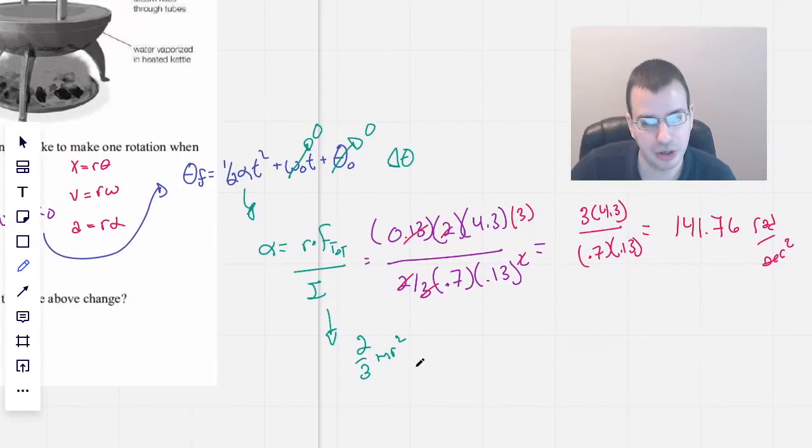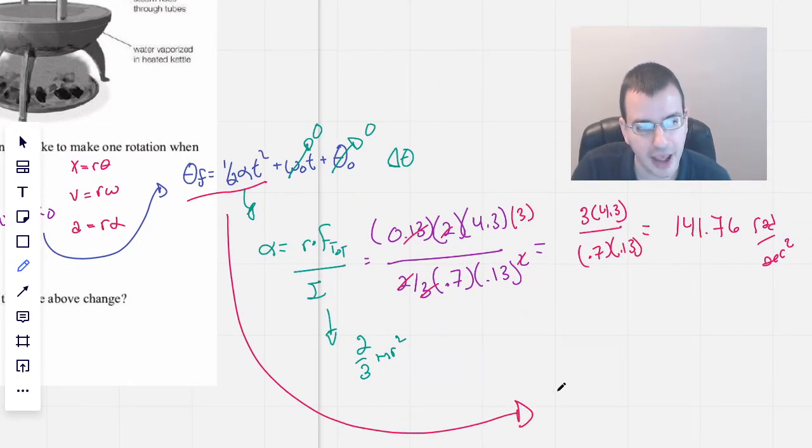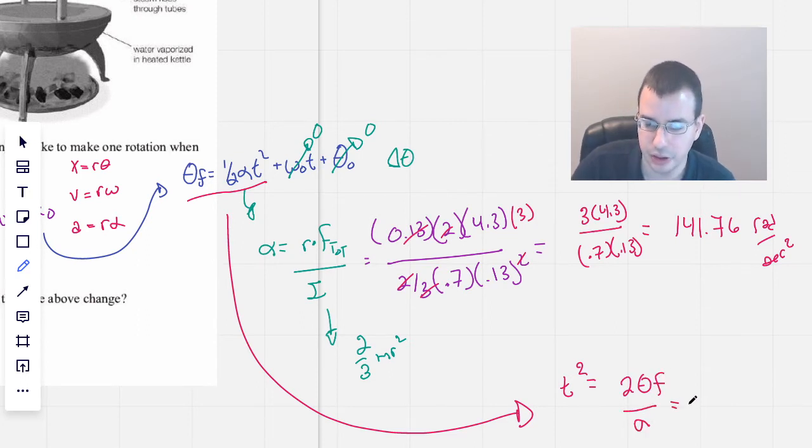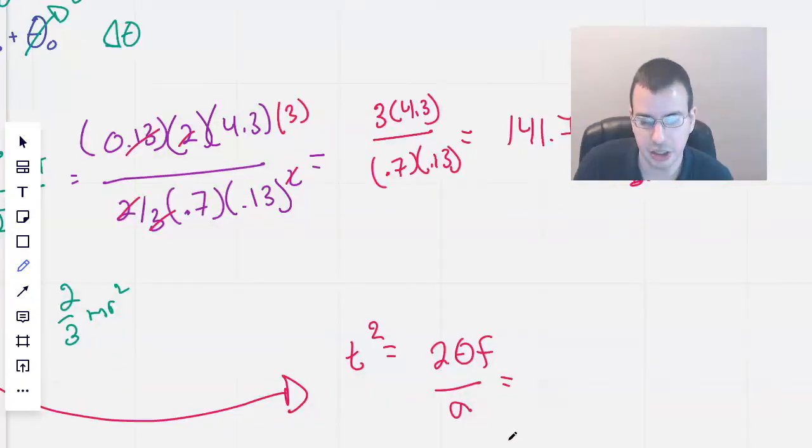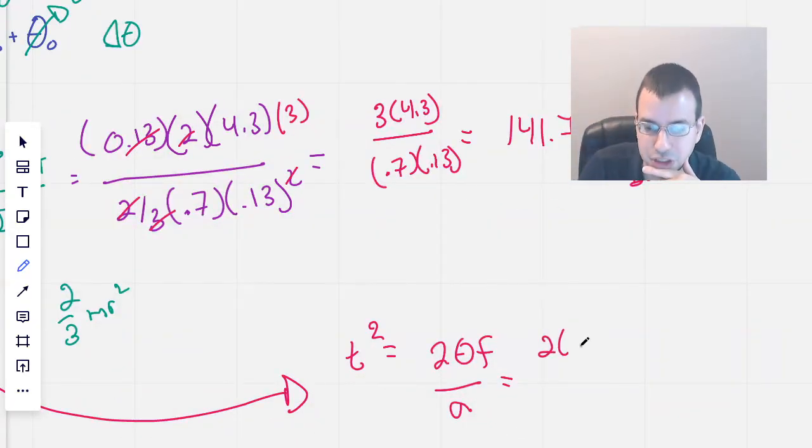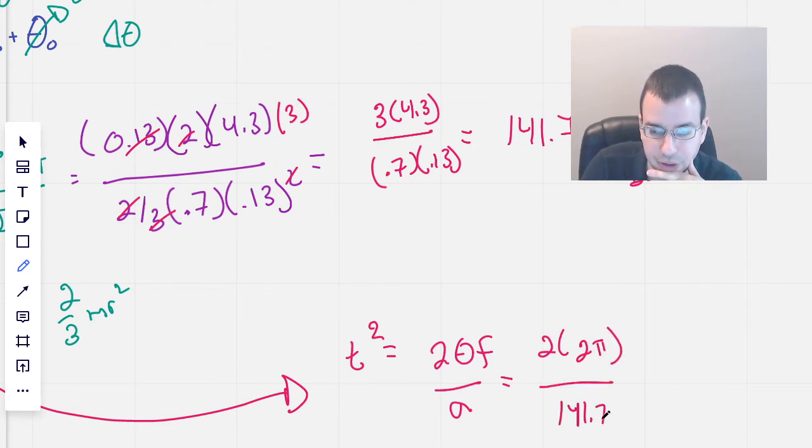So now we're going to take our kinematic equation, which we've pared down significantly, and solve for t squared. So t squared equals 2 theta final all over alpha. Theta is going to be 1 revolution, and 1 revolution is 2 pi, over 141.7 something.